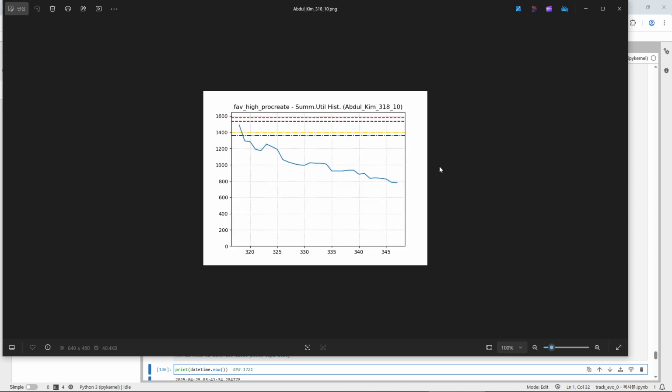None of them actually have an overall upward slope. Maybe this one. But then again, I think it was just unlucky and it got limited out because its sum utility was so low to start with, and it was born in generation 3.